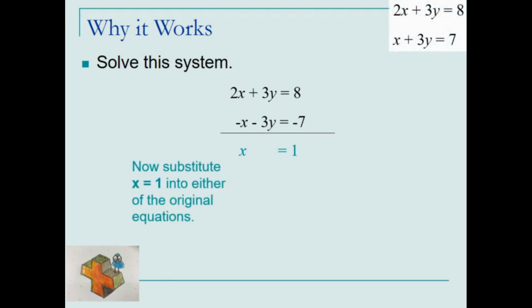We'll substitute x equal 1 into either one of the two equations. We'll put it in the second equation and solve for y by subtracting 1 from each side, results in 3y equals 6. Divide both sides by 3, y is equal to 2, and gives us the solution then for these two linear equations, or this system, of (1, 2).